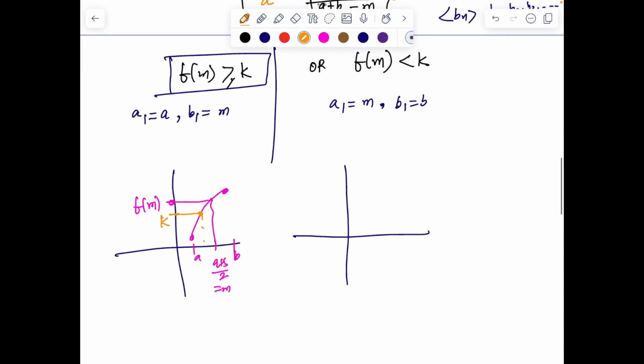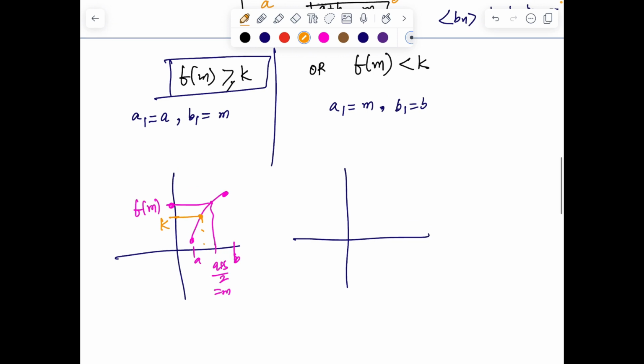So in this case, I'm defining a1 as a, and m I call b1. So in this chunk, somewhere we have an output k that we need to prove. So this is how our sequence definition goes. I hope it is clear.